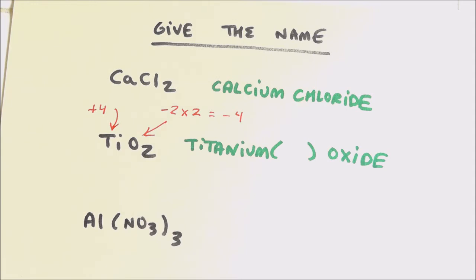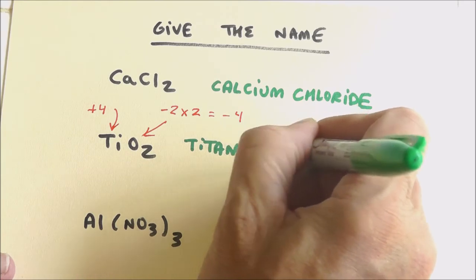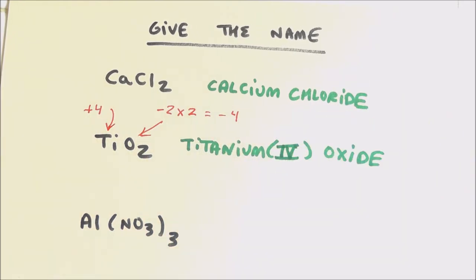That is a titanium 4 ion in there. So this is titanium, Roman numeral 4, oxide. I've seen my students goof it up, saying that's titanium 2 because there's 2 oxides. Nope, you're confusing that with the next scheme we're going to talk about, which is how you name covalent things. For covalent things, you have to be specific about how many of each atom there are. So that's how you deal with that.